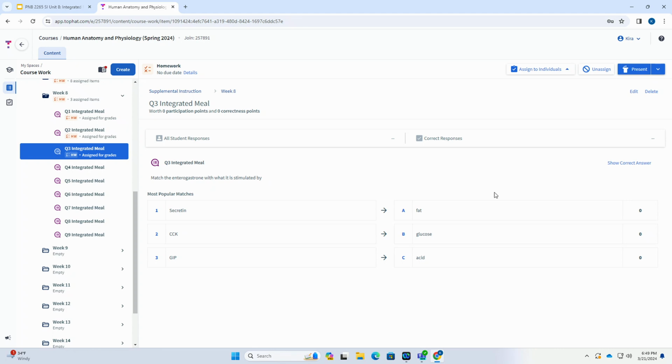And then the enterogastrones are stimulated by something specific entering the duodenum, so just try to match which each one is stimulated by.